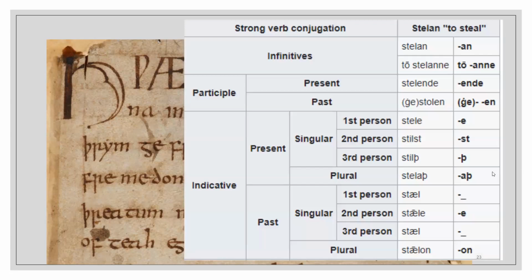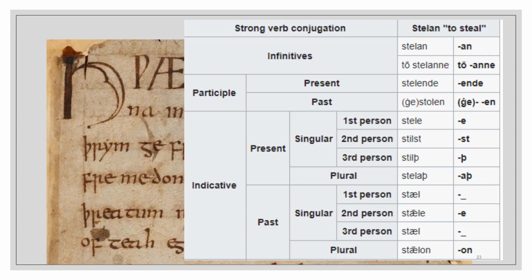And if we went back that far, we would see that verb conjugation in Old English was way more complicated than it is now. The infinitive in modern English, we just add that infinitive marker to, as in to still.